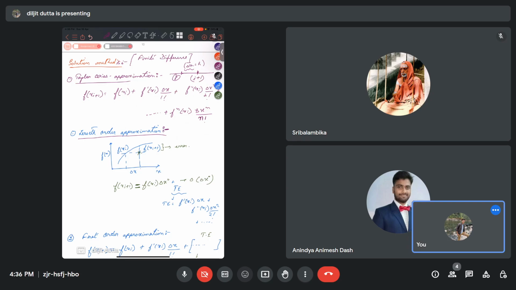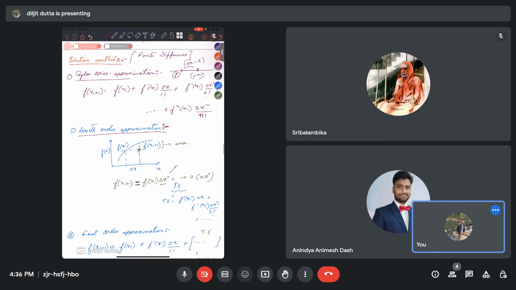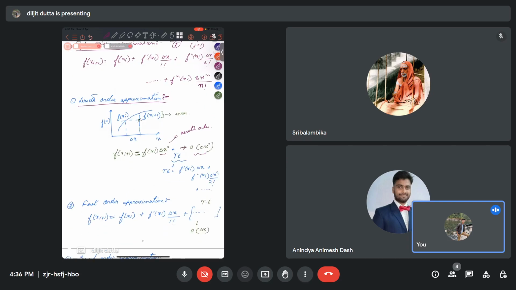So we will be neglecting all the other terms in the Taylor series. So it is f of xi into delta x to the power 0. This is why it is called zeroth order, and the truncation error that we will have will also be of the order 0.